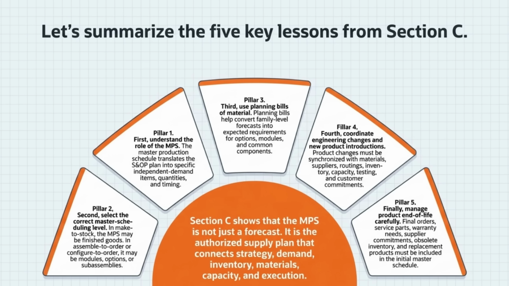Finally, manage product end-of-life carefully. Final orders, service parts, warranty needs, supplier commitments, obsolete inventory, and replacement products must be included in the initial master schedule. Section C shows that the MPS is not just a forecast. It is the authorized supply plan that connects strategy, demand, inventory, materials, capacity, and execution.